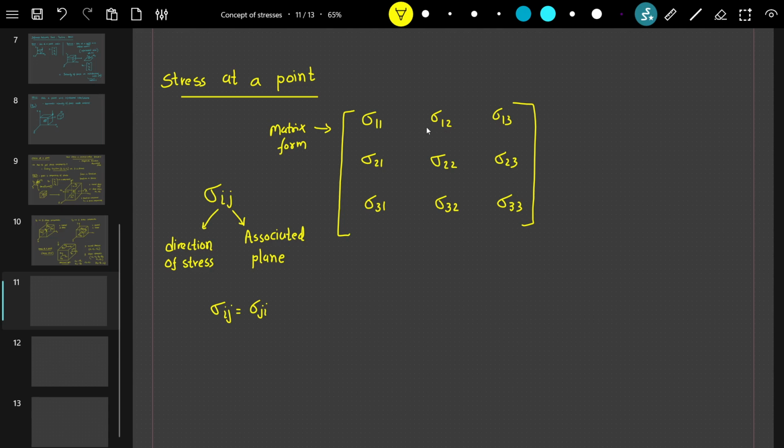These three components are the stress components coming from the T1 traction, right? This is from T2, and these are from T3. Or if we say column-wise, these three components are acting on plane 1 or plane X, these three stress components are acting on plane 2 or Y plane, and these three are acting on plane 3.